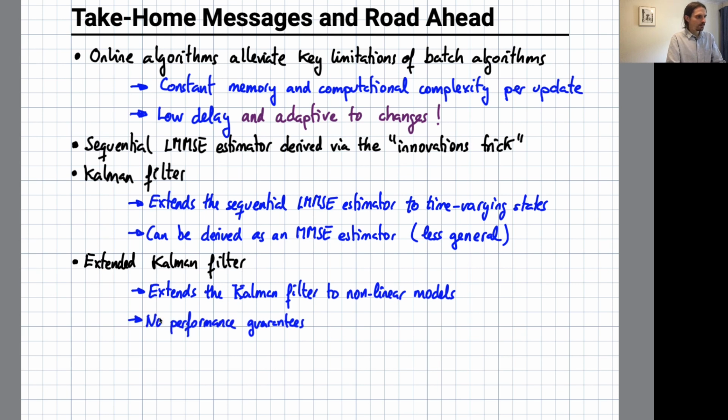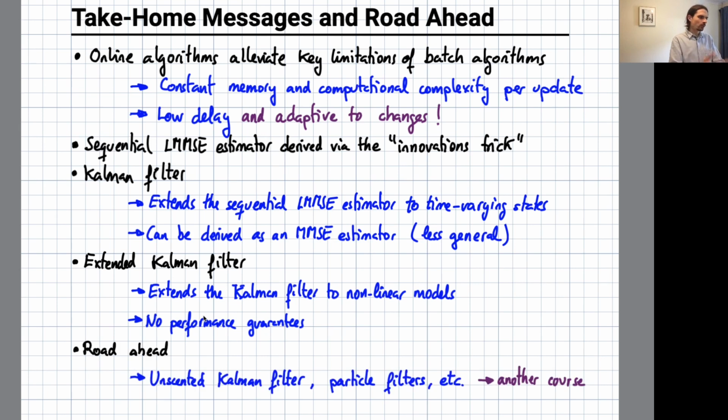The bad news regarding this filter is that there are no performance guarantees as in the Kalman filter, so it may work well or it may not. This typically happens when we linearize things, as you saw we did in the iteration of the extended Kalman filter.